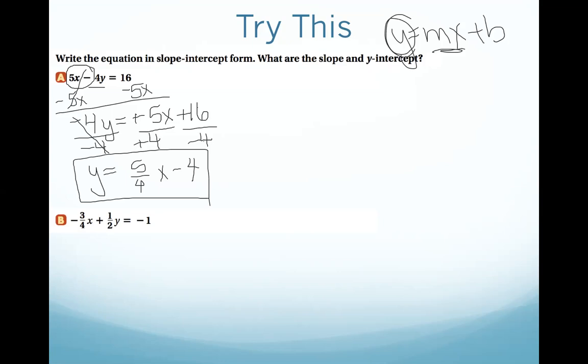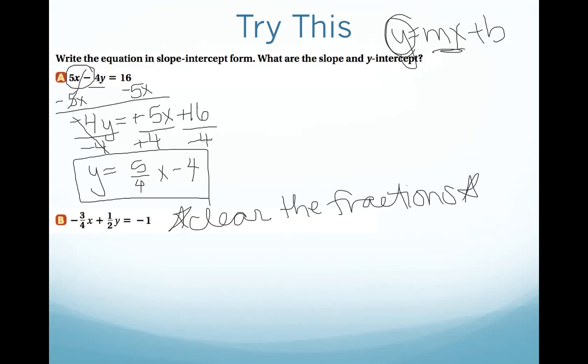Okay, go ahead and try, actually we'll do part B together because it has fractions. So whenever our equation has fractions like this, our very first step is going to be to clear the fractions. And what that means is multiply by the number in the denominator that would get rid of all of the fractions.